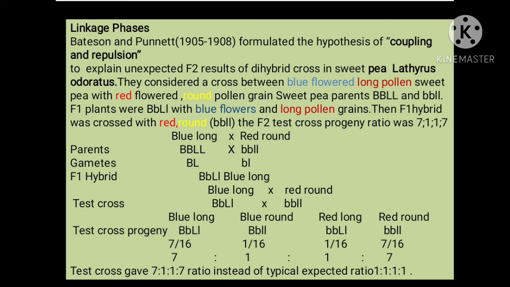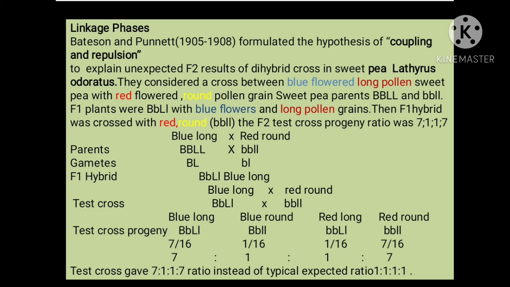You observe the gametes of the first parent, capital B, capital L, and of the other parent, small b, small l. The F1 hybrid produced is capital B small b capital L small l. That means all the F1 progenies have a flower color that is blue and long.